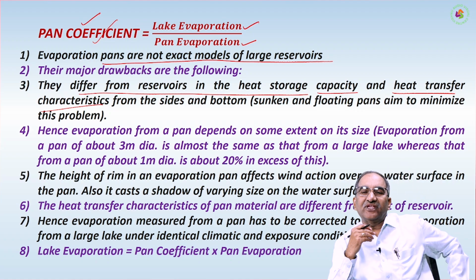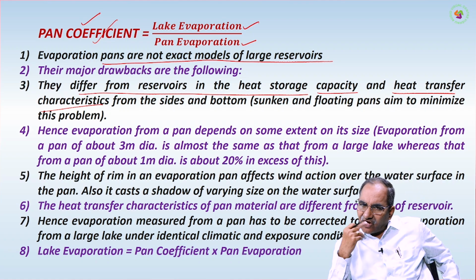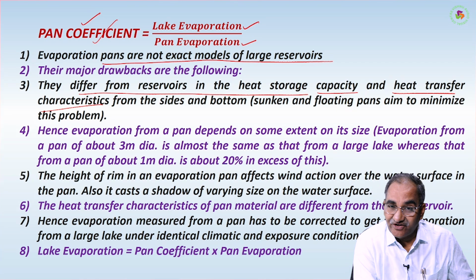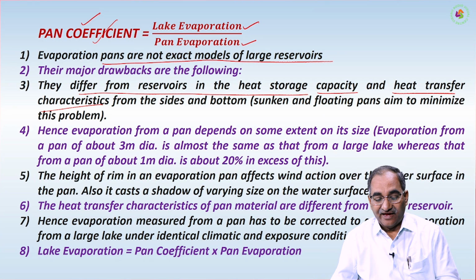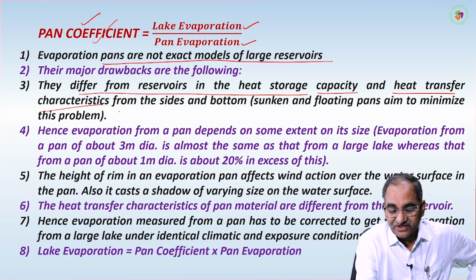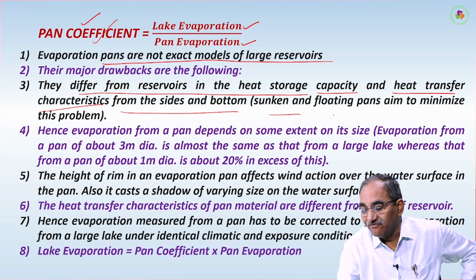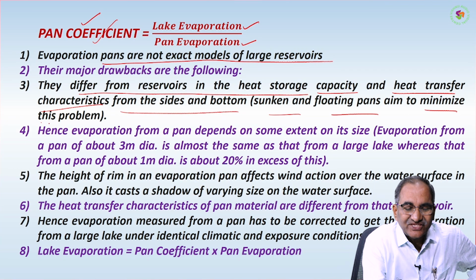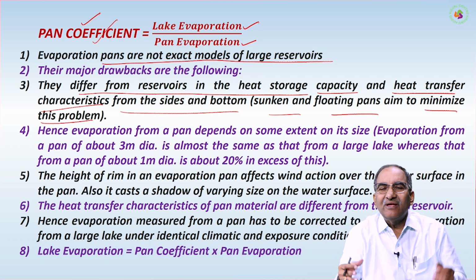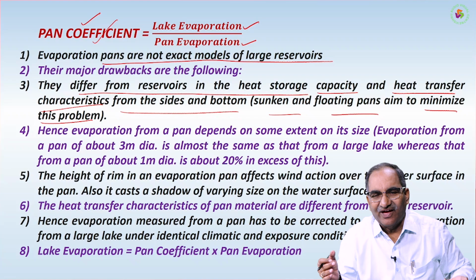The heat storage capacity and heat transfer characteristics of the original reservoir are completely different from the pan. That is the first thing you should remember. From the sides and bottom, sunken and floating pans, to some extent, minimize this difference, because they are sunken into the ground, or floating on the reservoir itself.